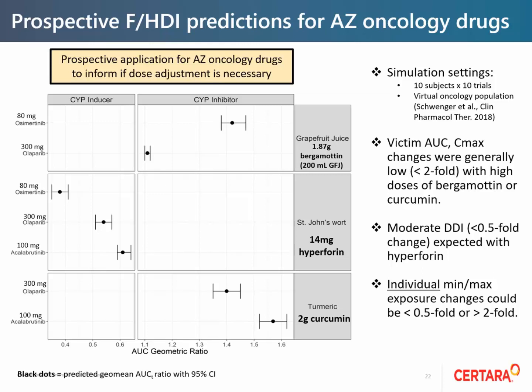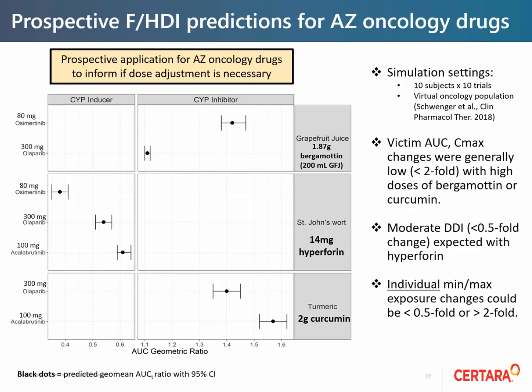You can see that from the typical bergamottin dose from grapefruit juice and typical curcumin dose, the extent of the change in AUC ratio is generally quite modest, as in it does not reach more than twofold. However, for hyperforin, a stronger DDI was identified, as some of the drug AUC ratios, for example with osimertinib, would reach below 0.5-fold changes after hyperforin.